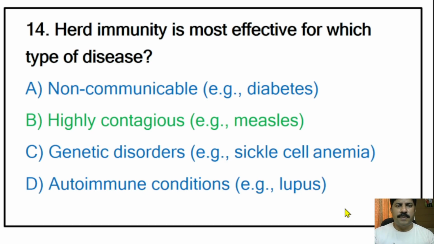Herd immunity means there will be immunity against a particular communicable disease in that particular region. Most of the people got immunity against that disease either due to mass vaccination or due to an attack of that infection, and later they get immunity.